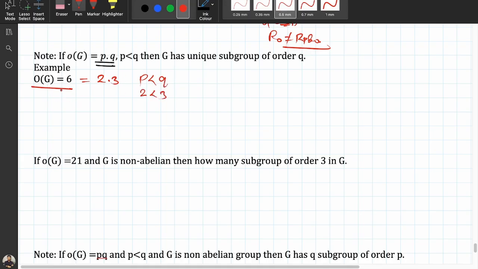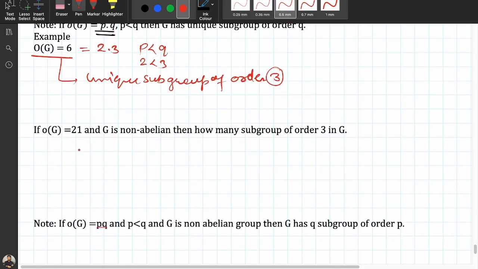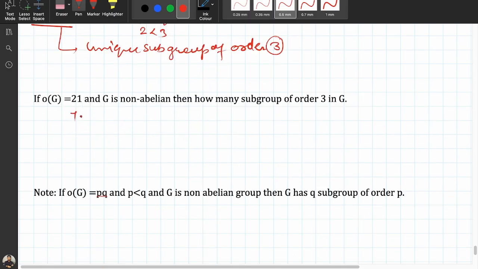Then it has a unique subgroup of order 3. Next, order 21, then 7 into 3. So 3 is less than 7. Then it has a unique subgroup of order 7.